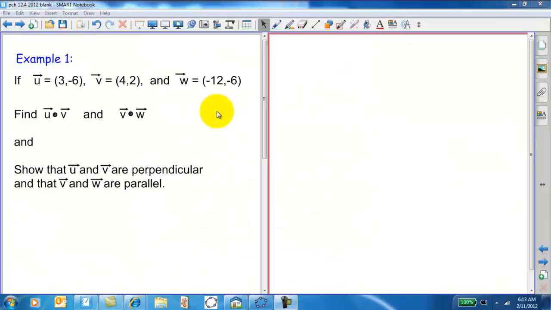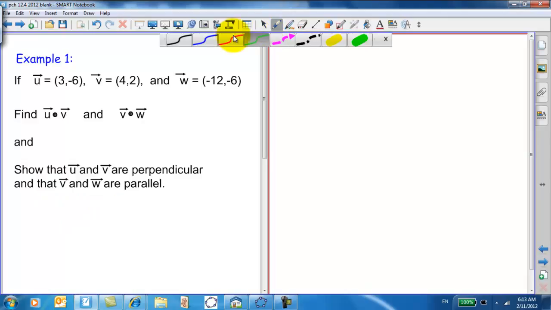Okay, here we go with example 1. We have vectors u, 3, negative 6, and vector v, 4, 2, and vector w, negative 12, negative 6. And we want to find u dot v and v dot w and show that u and v are perpendicular and v and w are parallel. So, let's start with u dot v.